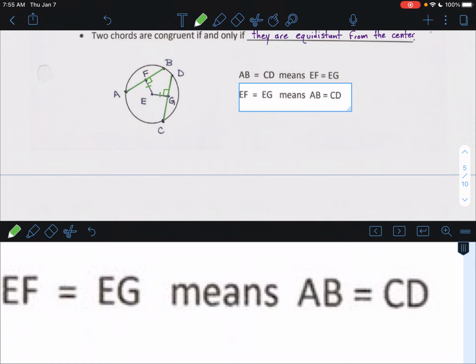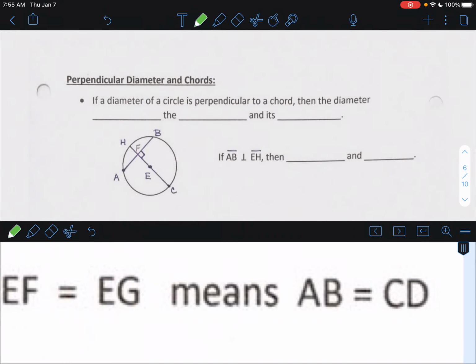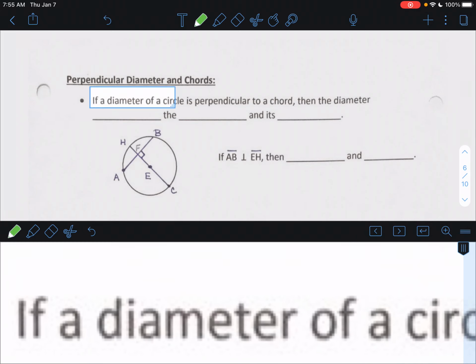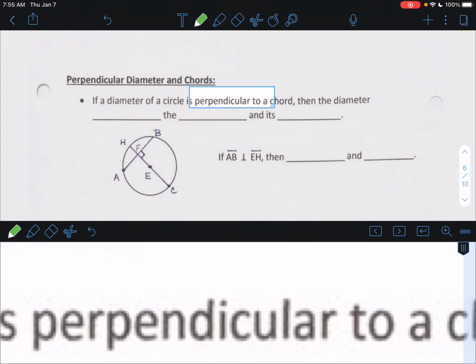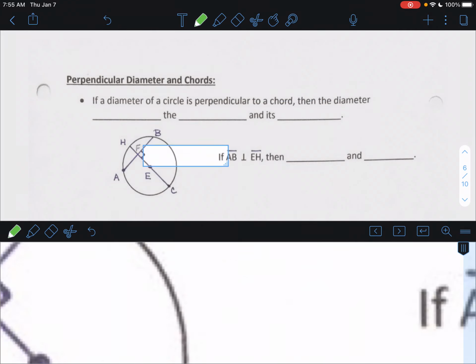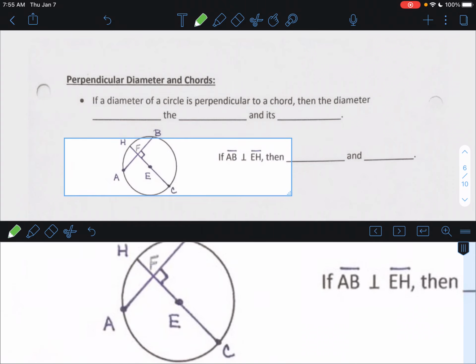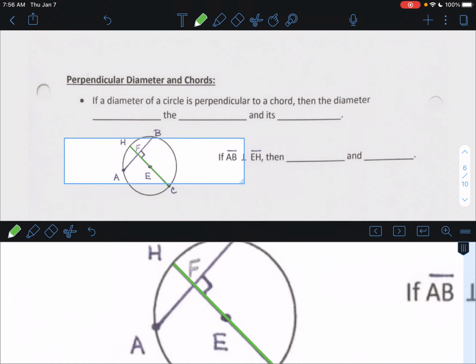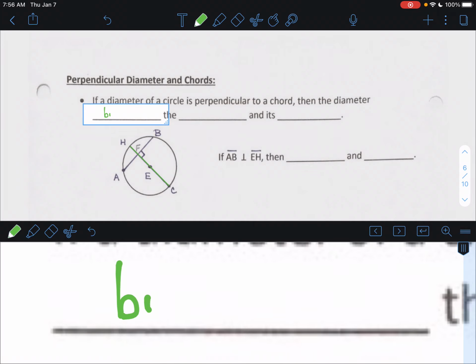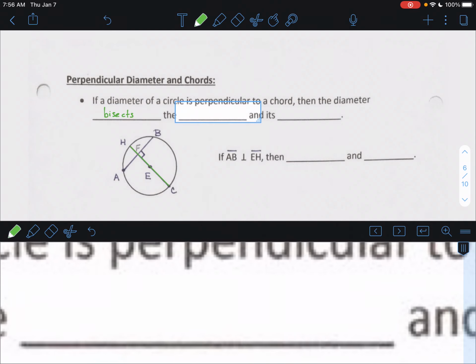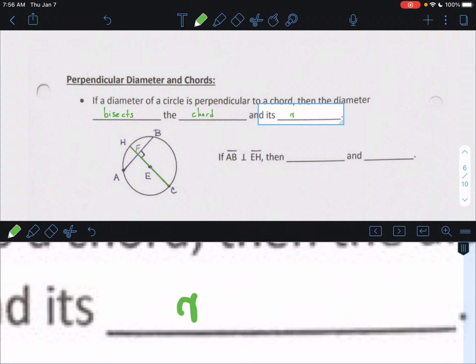All right, and then our third and final property of these chords is this perpendicular diameter stuff. If a diameter of a circle is perpendicular to a chord, so here we have this diagram, we have this diameter, HC, then the diameter bisects the chord and its arc.